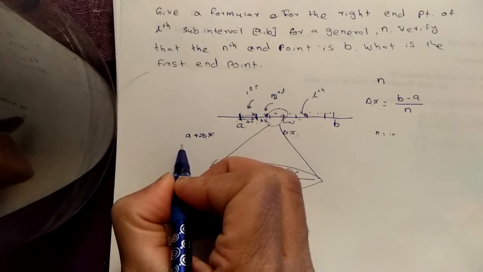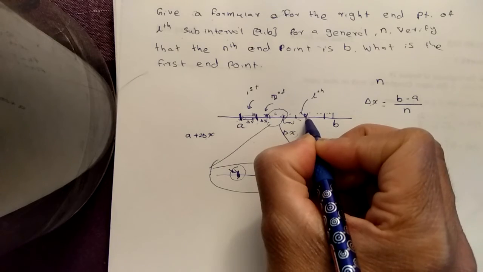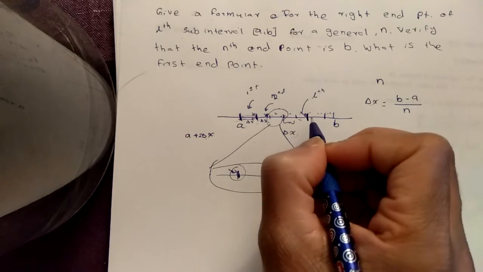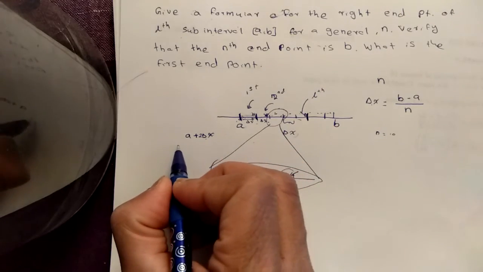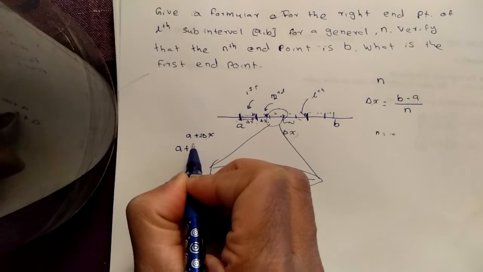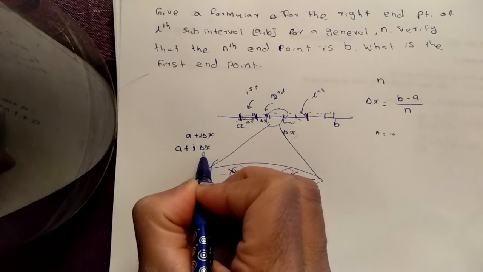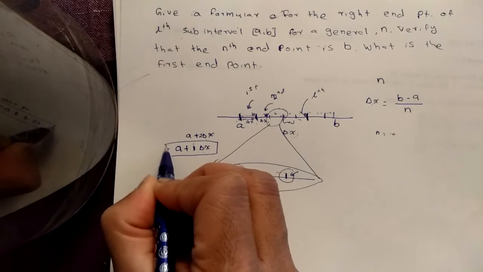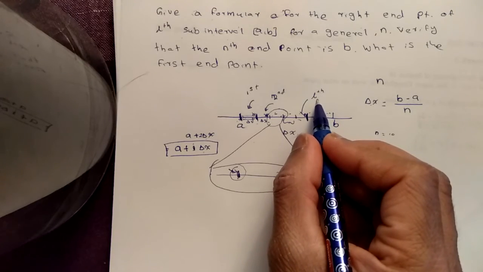So if we are to write down the formula for the right endpoint of the ith subinterval, it is simply, starting from A, we travel a distance of delta x times I. This will be the formula for the right endpoint of the ith subinterval.